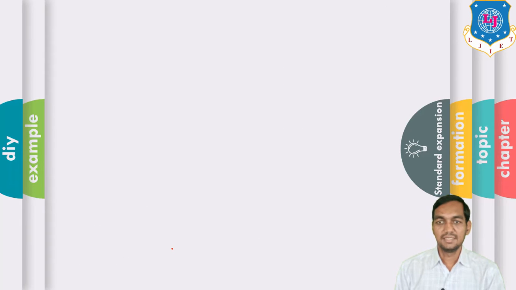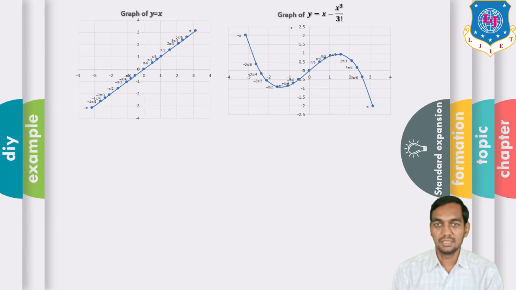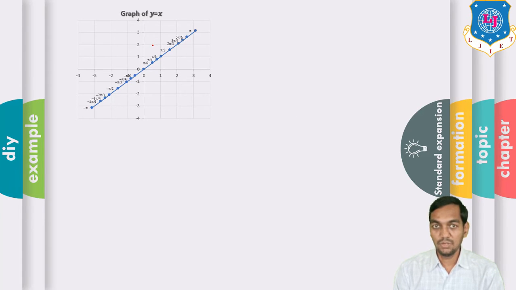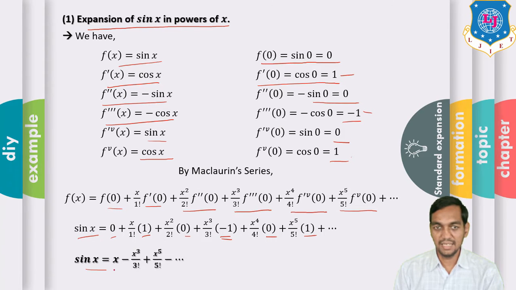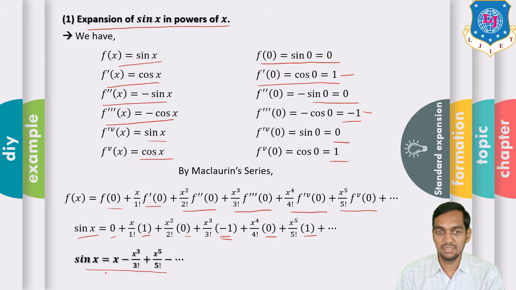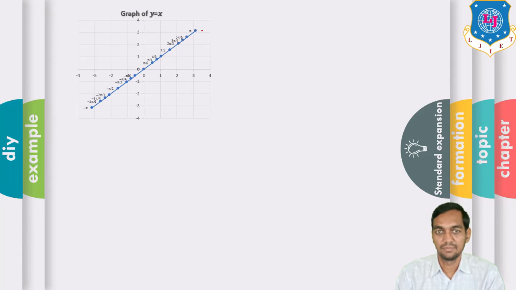Now if you are going to check, see this is the graph of y equal to x. This is the graph of y equal to x minus x cube by 3 factorial. Now see what we are basically obtaining. This is our series. If you go with only a single term, the first term, then sin x is equal to x, and you have a graph like this.